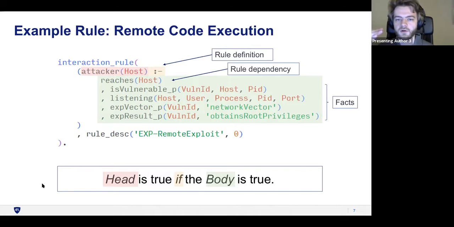So if there's a vulnerability on this certain host and the host is listening for external connections, then we can logically state that the attacker can compromise that host.